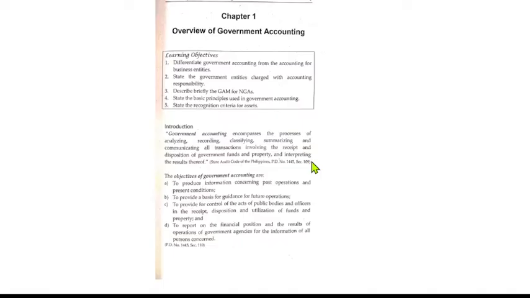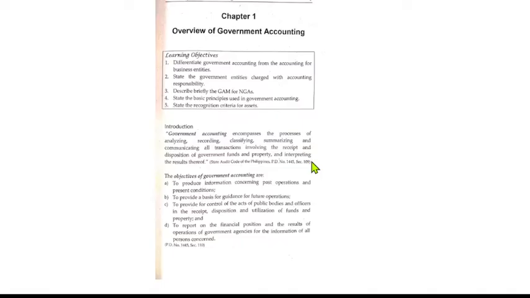Essentially, government accounting is the same as the financial accounting catered to private entities, except the subject, because we are auditing a specific industry, which is the government or the Philippine state.